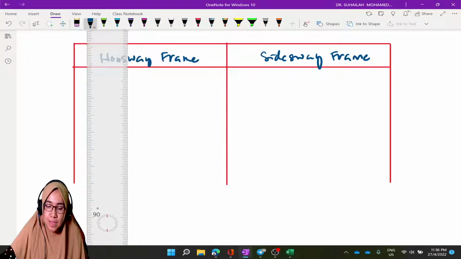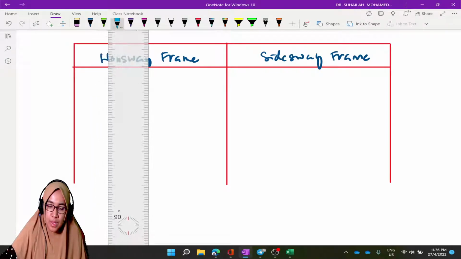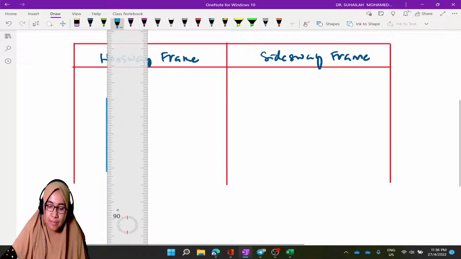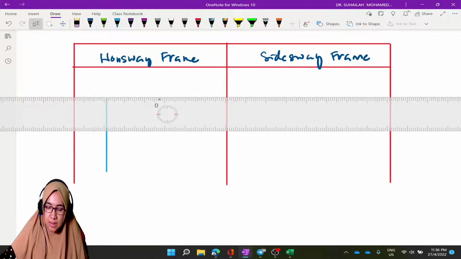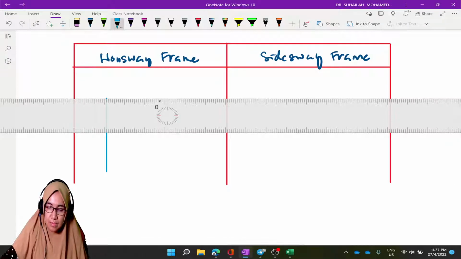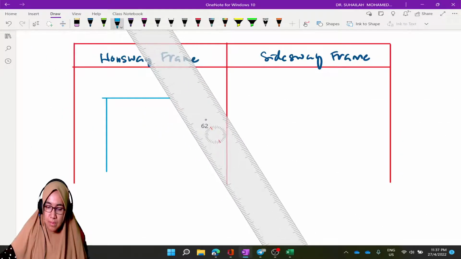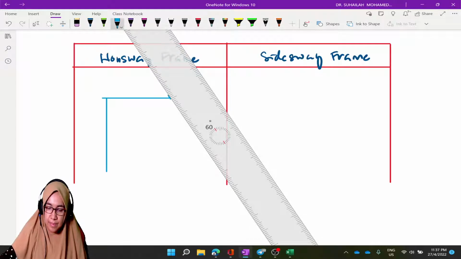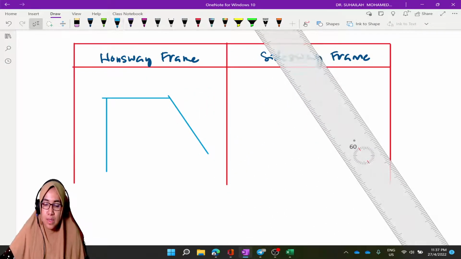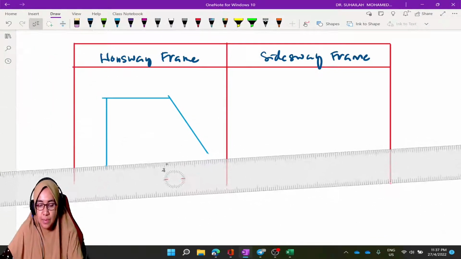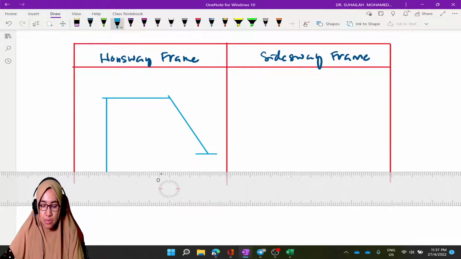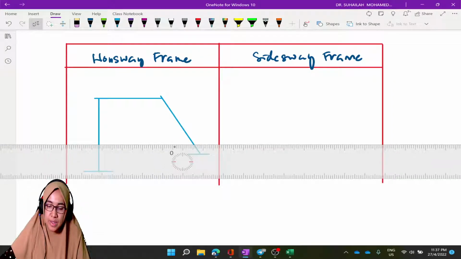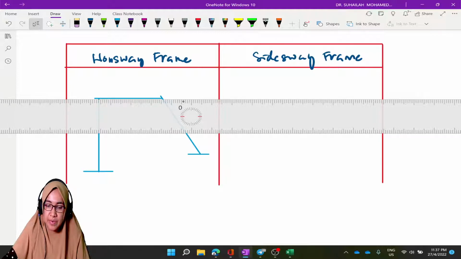So under non-sway frame, since the frame tends to sway to the right direction due to the loading given, we have to add a restraining force.